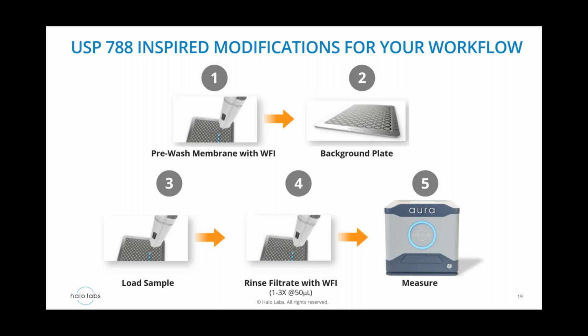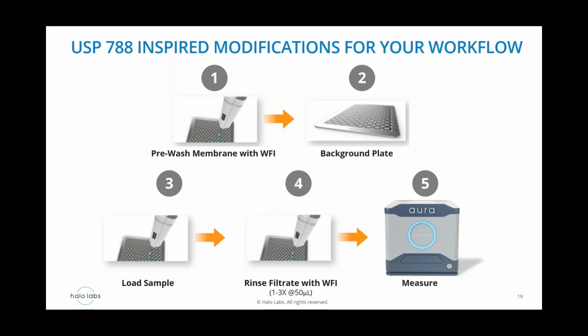Then you follow the protocol as normal, where you would background the plate, you would load the sample, and after you process your sample, the USP also recommends a post-wash, essentially rinsing the filtered sample on the membrane. Several of our customers do this already. Typically, the washes range anywhere between 1 and 5 times, depending on the nature of the sample.